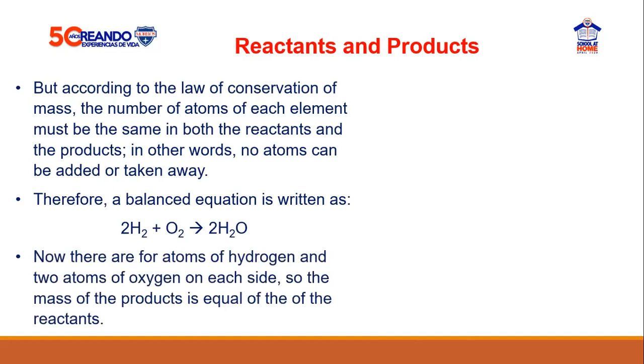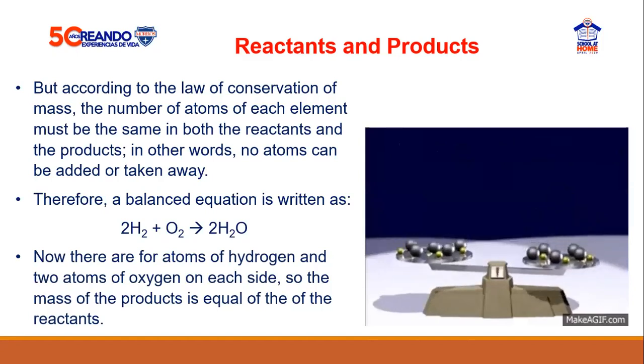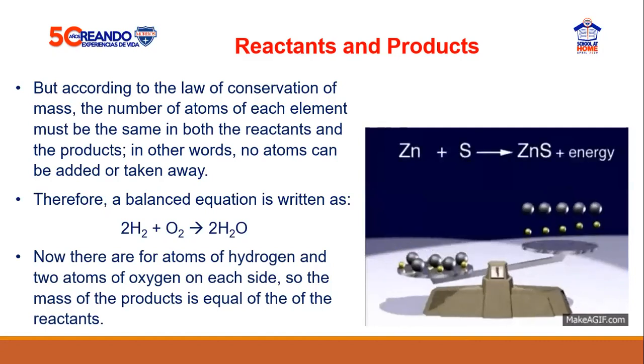Because there are four atoms of hydrogen and two atoms of oxygen on each side. So the mass of the products is equal to the mass of the reactants. So we can see here on the right the law of the conservation of mass.